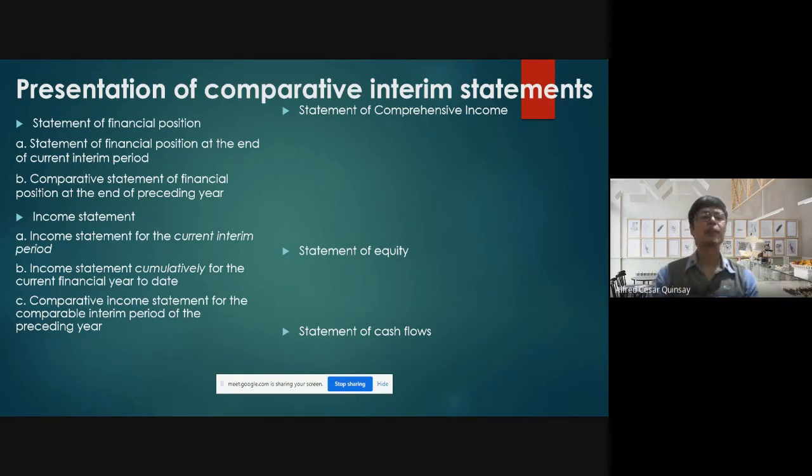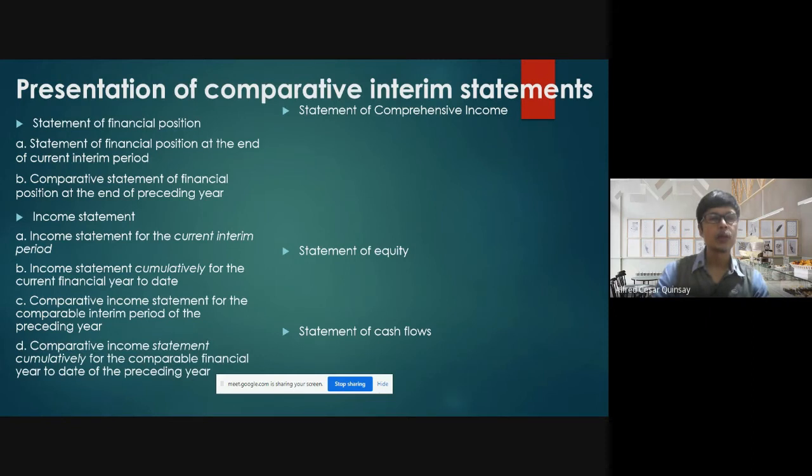So bakit ba kasama lahat yan doon sa interim statement? Para makita yung comparison, whether kung ano ba yung kanilang progress so far, no? Okay, yung mga variances nila, ano ba yung mga difference, no, within that certain season, especially kung seasonality yung produkto ng company.